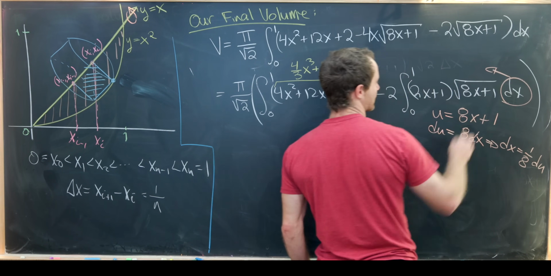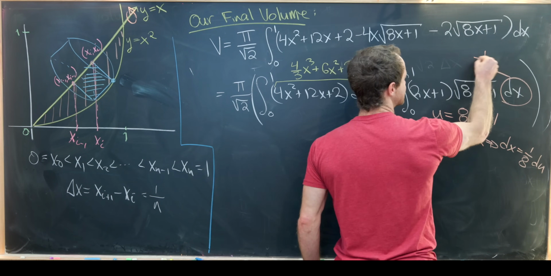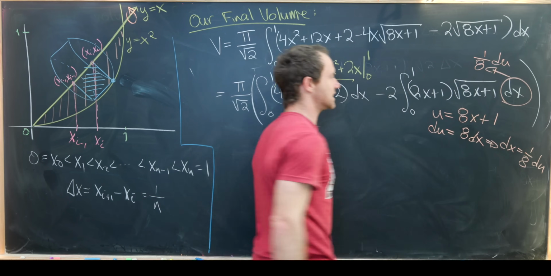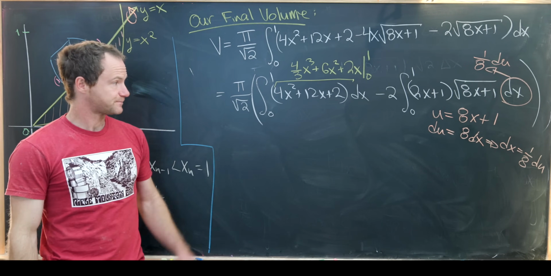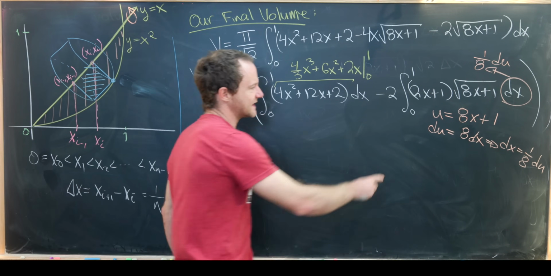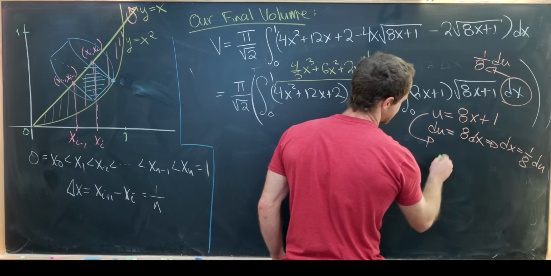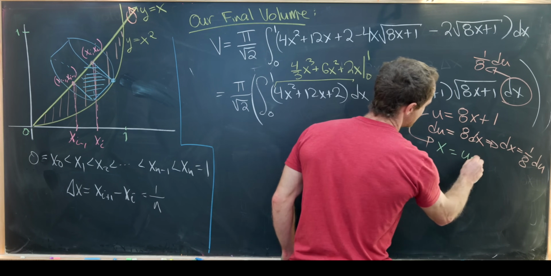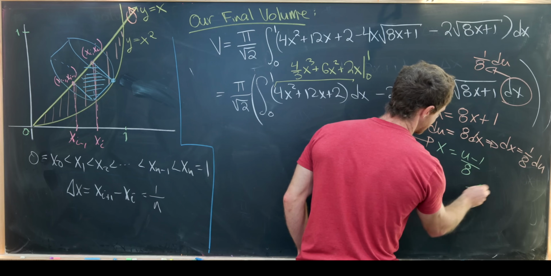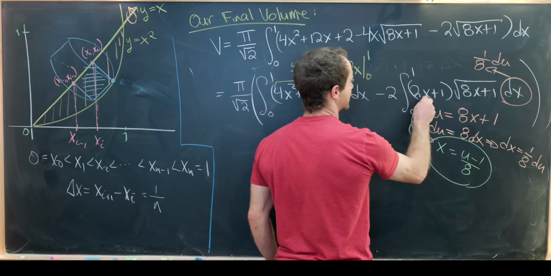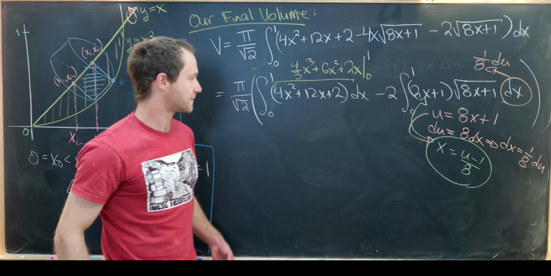So when we replace dx, we need to replace it with 1/8 du. Next, we can solve this for x, and that's going to give us x equals u minus 1 over 8. That'll be helpful for plugging in right here.